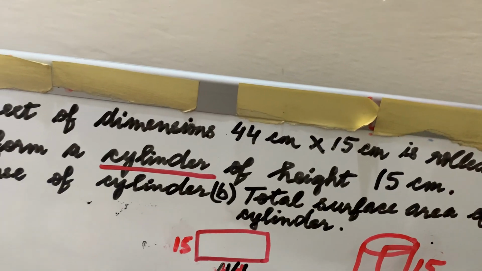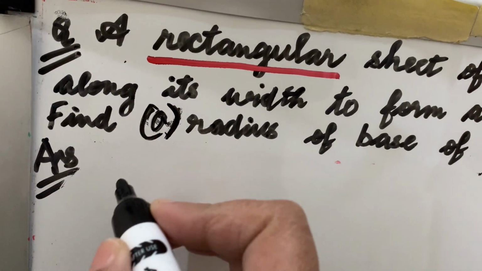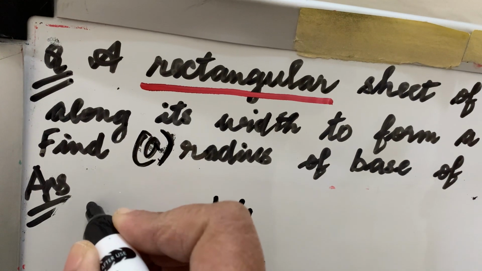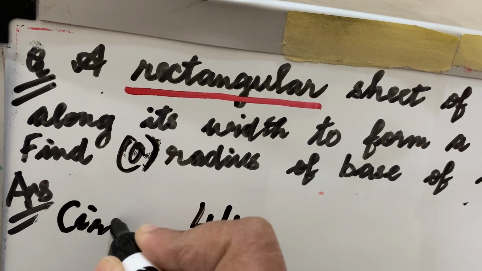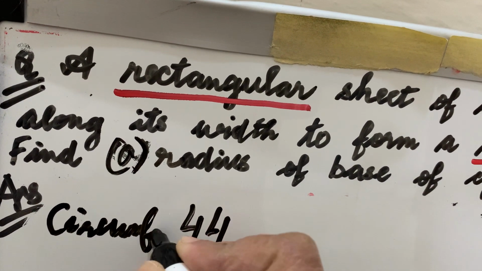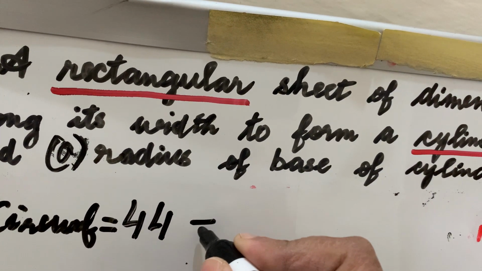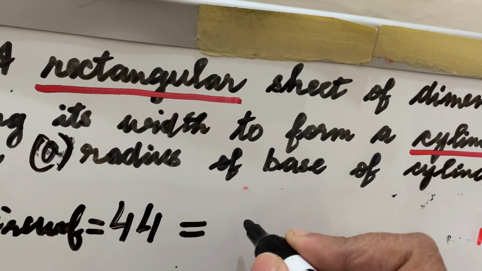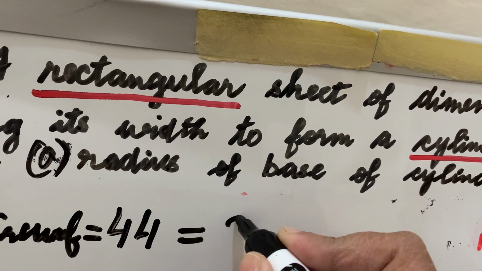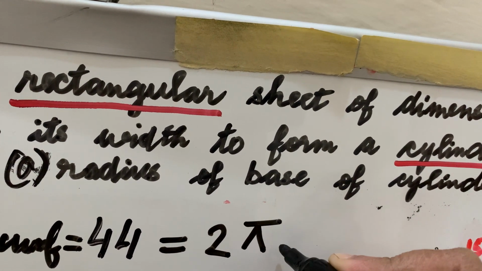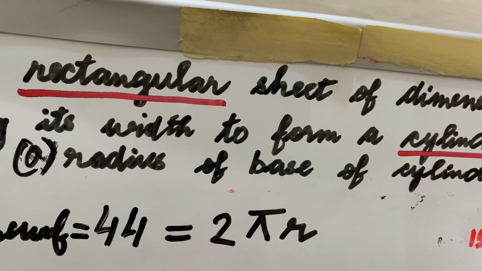Since we have the length as 44, the circumference will be equal to 44. Now if you remember, what is the circumference of a circle? Because the cylindrical base is circular, it will be 2 pi r.